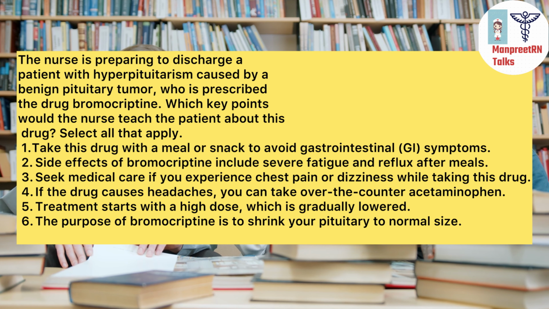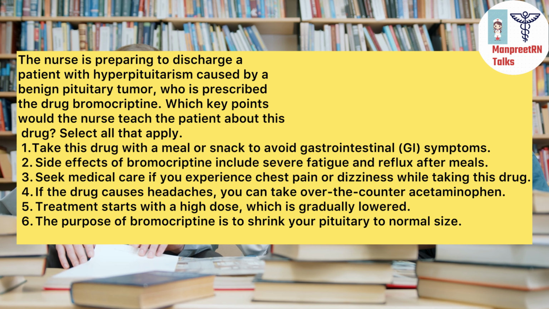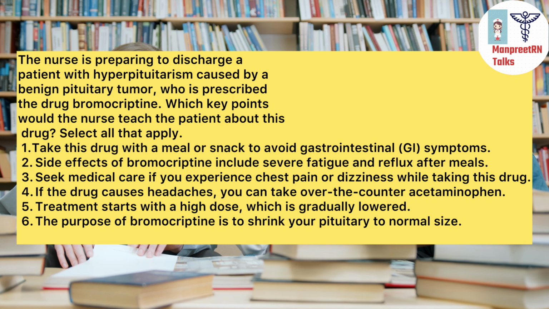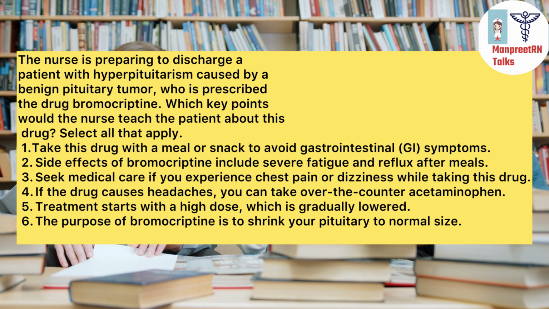Side effects of bromocriptine include severe fatigue and reflux after meals. Seek medical care if you experience chest pain or dizziness while taking this drug. If the drug causes headaches, you can take over-the-counter acetaminophen. And the fifth one, treatment starts with a high dose, which is gradually lowered. And the purpose of bromocriptine is to shrink your pituitary to normal size.